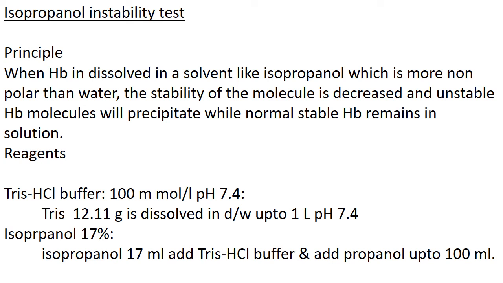Isopropanol 17 ml is added to tris HCl buffer and make up the volume to 100 ml using propanol. Store in tightly stoppered bottle at 4 degrees centigrade.